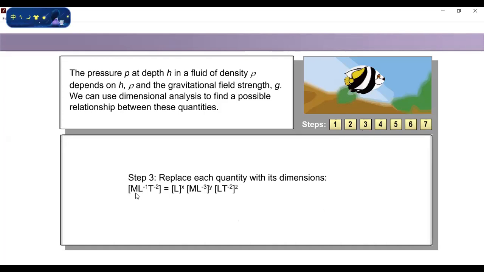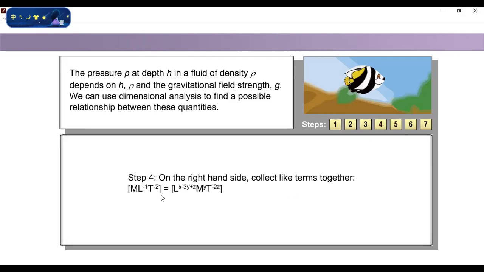The left side is mL^-1 T^-2. And here will be L to the power x, times mL^-3 to the power y, times LT^-2 to the power z.